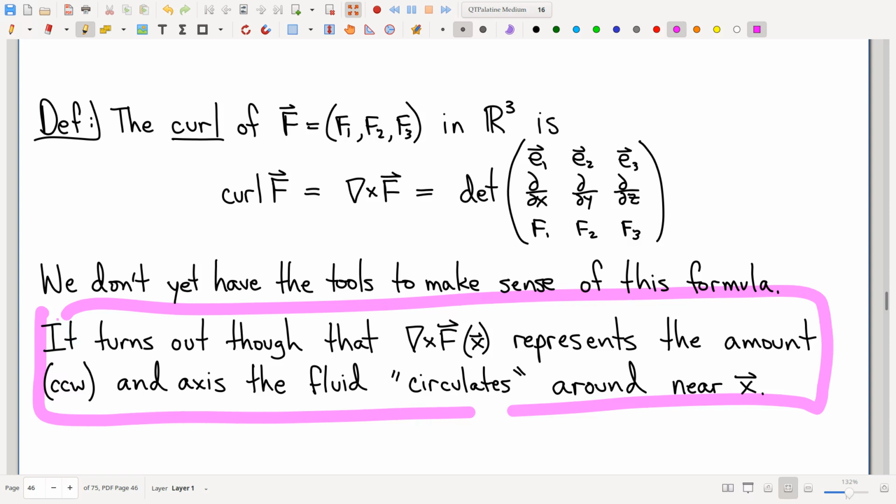Circulation is a precise, specific mathematical construction that we haven't talked about yet, right? So this is not really sufficient for me to describe what I'm really describing. The way you should think about it right now is it's like the fluid has a rotational element to it.